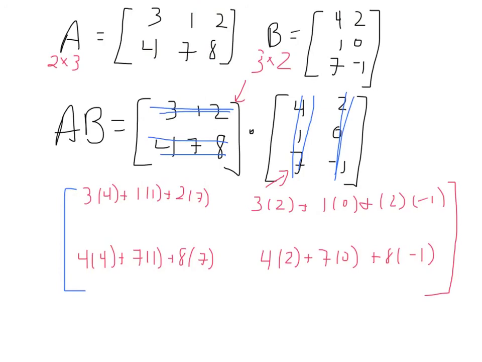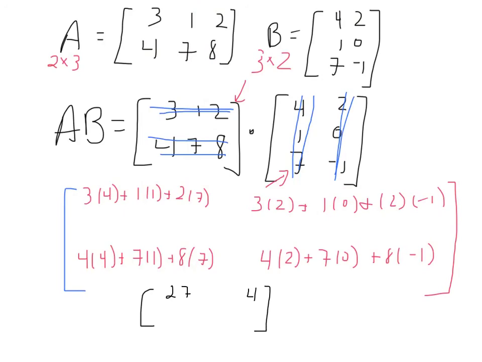Now your final answer, your ending matrix, is this multiplied together and added. So 12 plus 1 is 13, plus 14 is going to give us 27. And then repeat that process. 6 plus 0 plus a negative 2 is 4.